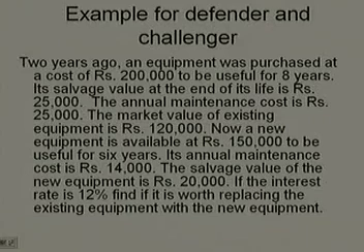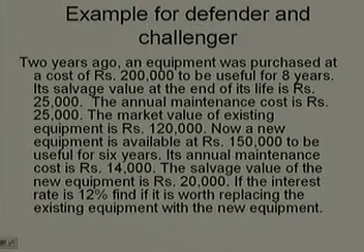Now, a new equipment which is the Challenger is available for rupees 150,000. It is again useful for 6 years. However, its operating cost is only 14,000, and if the equipment is sold at the end of year 6, it will fetch you rupees 20,000.